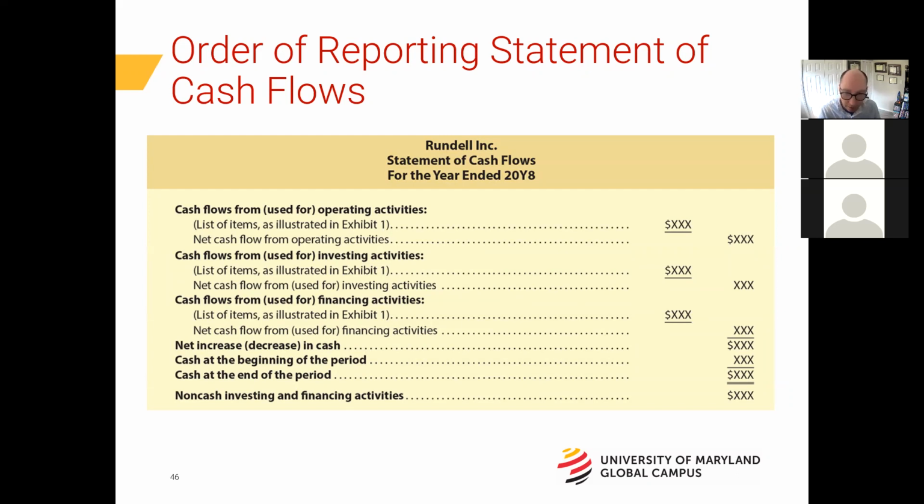There's also a separate line item for non-cash investing activities. Non-cash investing activities represent things like trades. Sometimes companies get involved with trading pieces of land, equipment, or property for property, plant, and equipment for various reasons, and there'd be no cash involved.